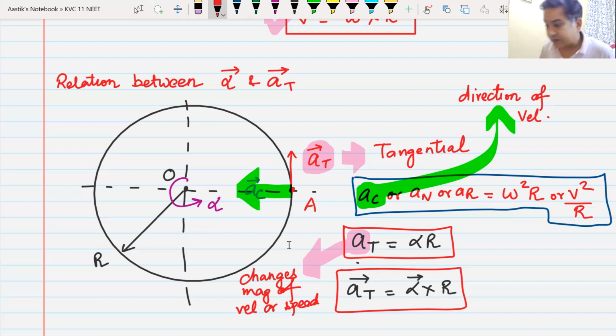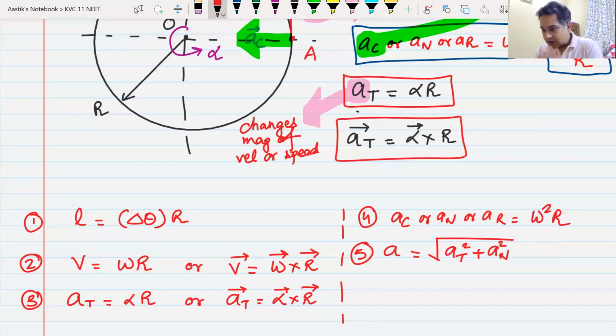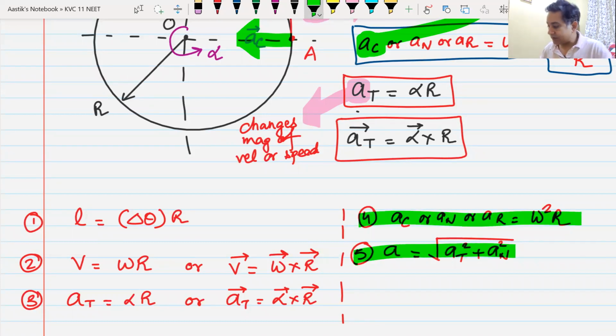I've already given you this formula before, but now you can note it once more. We will do some problems based on this in the coming classes. Okay, so note this down, and if possible I'll do 1 or 2 questions in the next class. Do we understand this?